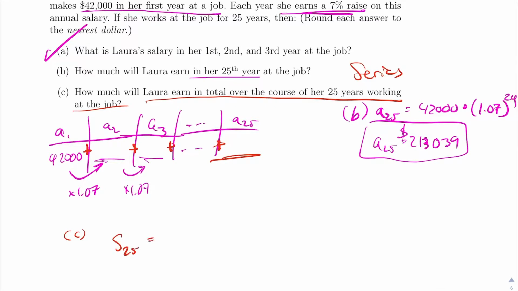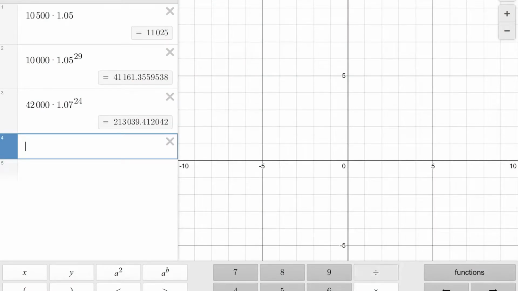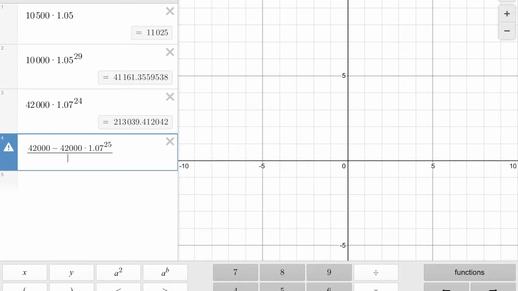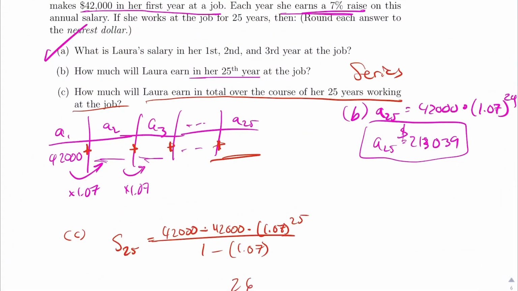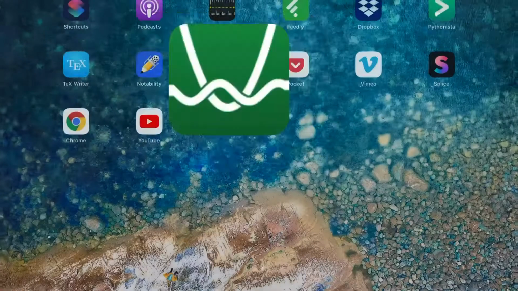So S sub 25 will equal A1 minus A1 times R to the nth power all over 1 minus R. That gives $2,656,460.